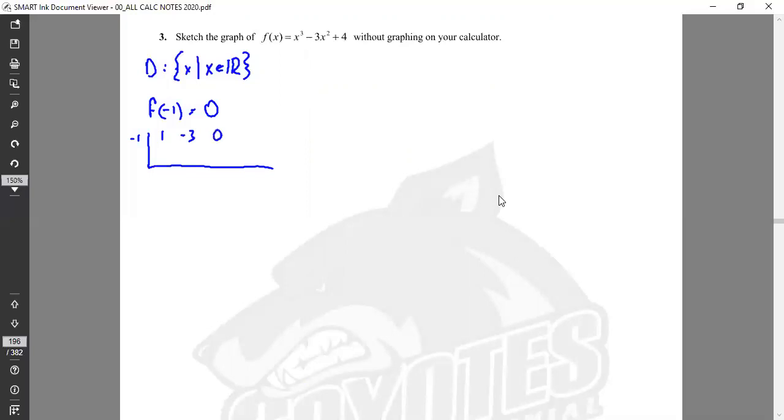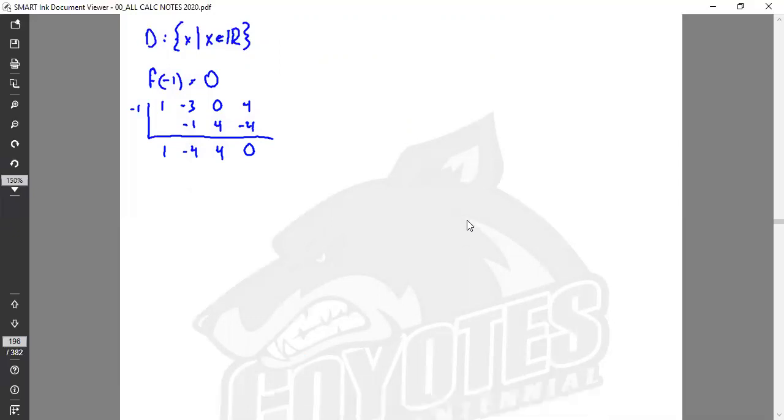We have no x term, so we need a 0 there, and then 4. We do our synthetic division, bring your 1 down, multiply negative 1 times 1 is negative 1, add down is negative 4, multiply, add down, multiply, add down. And that better be 0, because that's how this is set up.